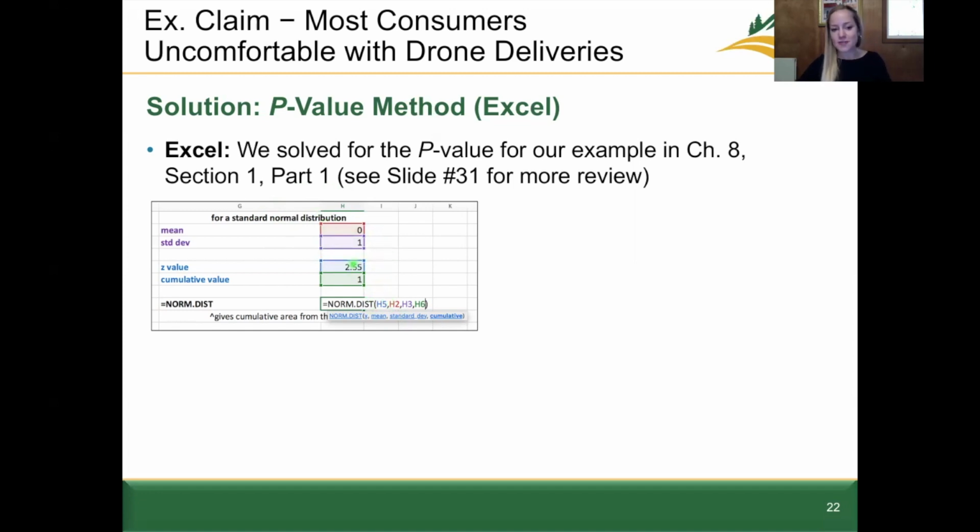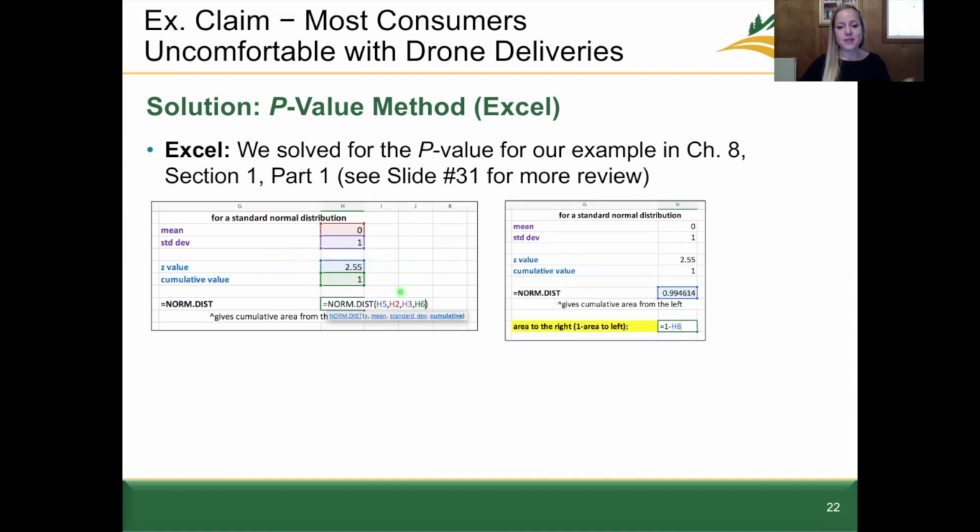Our x value of interest is now our z value that we found from calculating our test statistic, so that's 2.55. Then we know about our cumulative value already, so we click enter and we get a value of 0.994614.